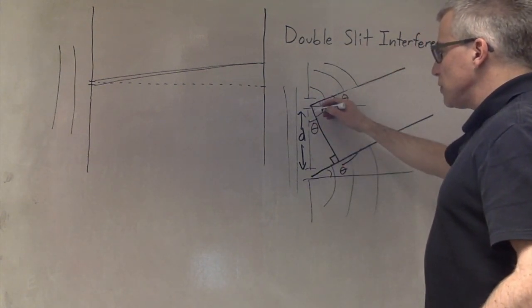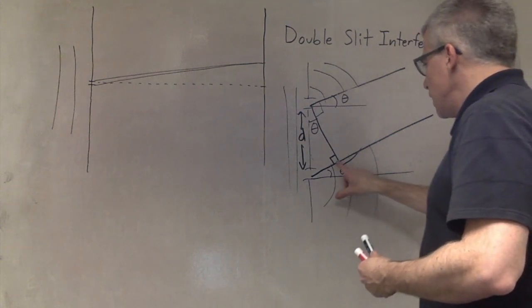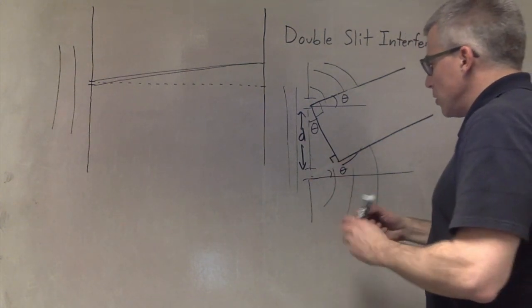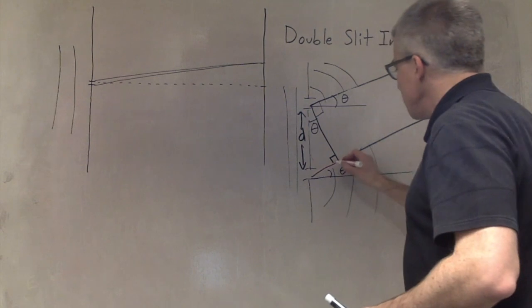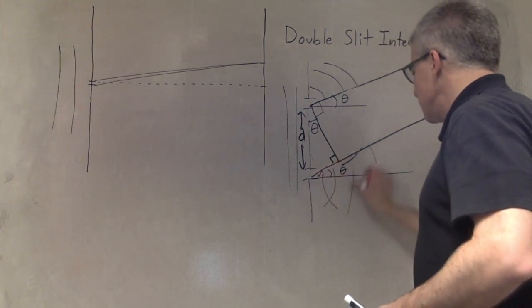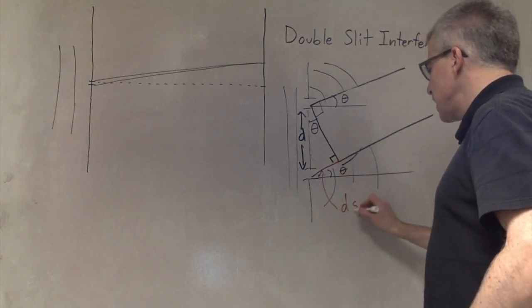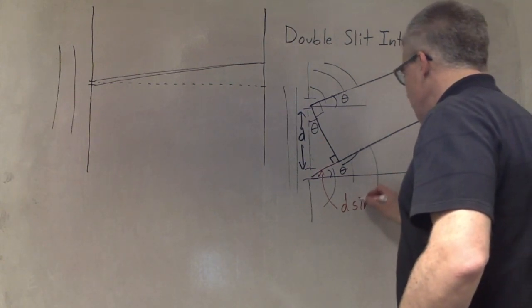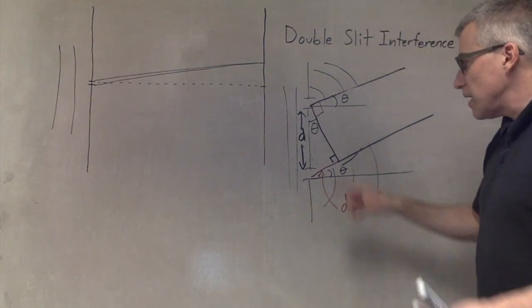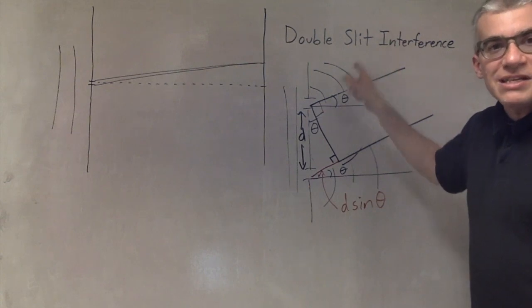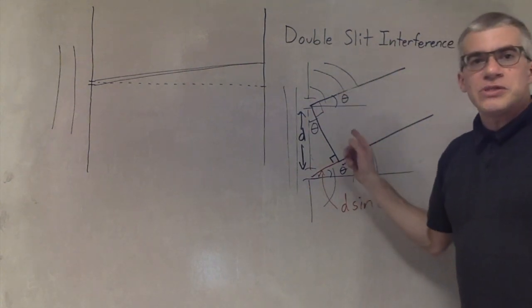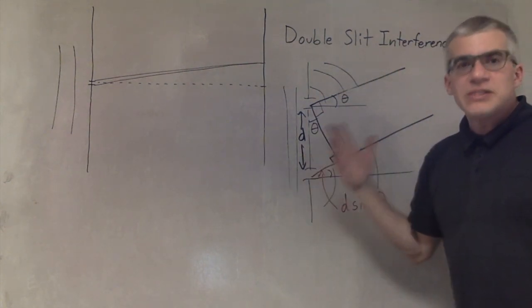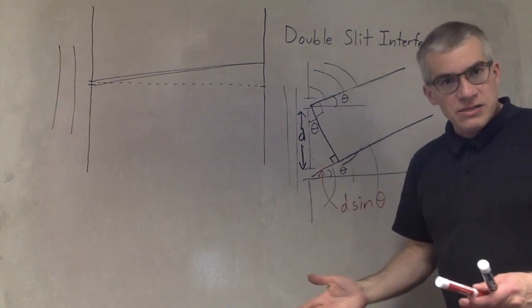So we have a triangle here, and this is the crucial thing. Right here, that distance, d sine theta, is the extra distance that one beam traveled that the other one didn't. That's the only difference between the two beams. It's the only way they could get out of phase.